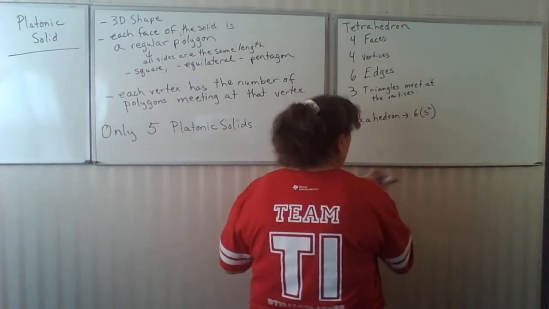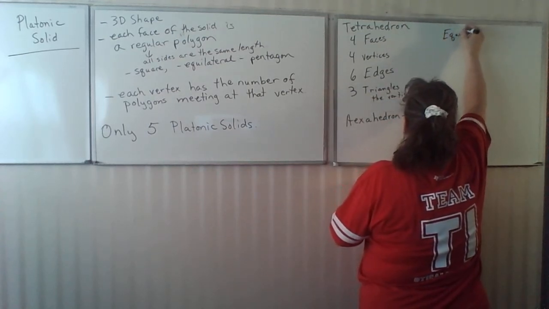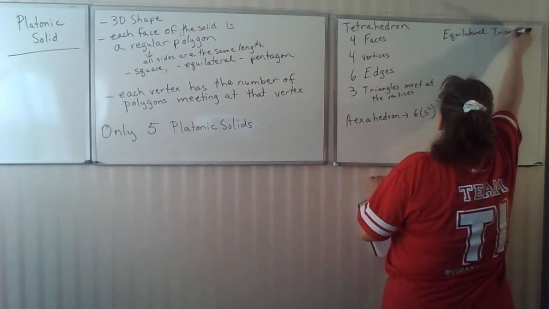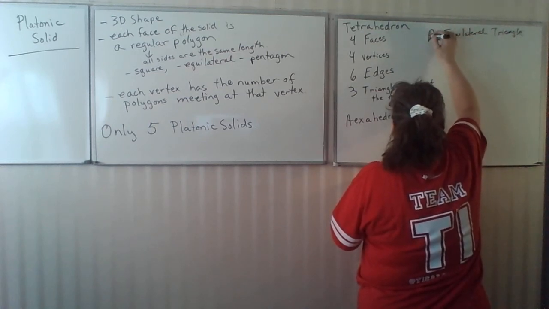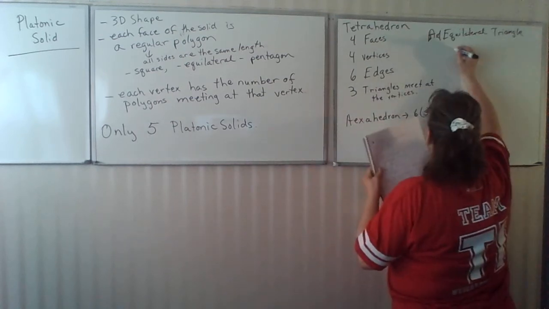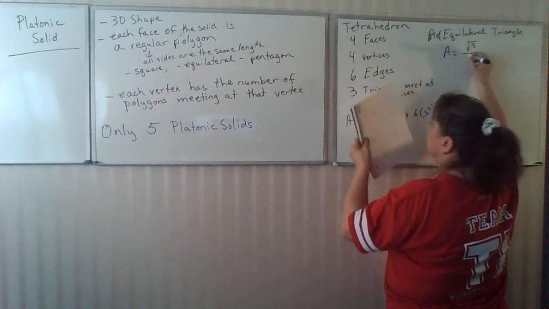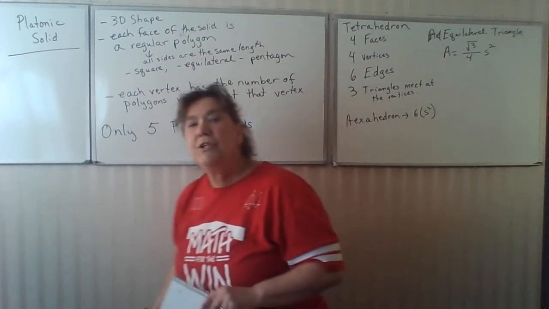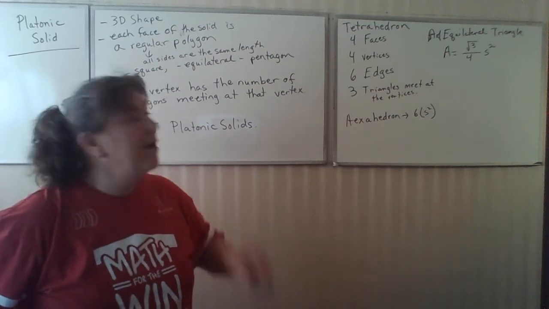The area of an equilateral triangle is the square root of 3 over 4 times the side squared. So all you need to know is the side measurement of the equilateral triangle, and you can calculate the area.